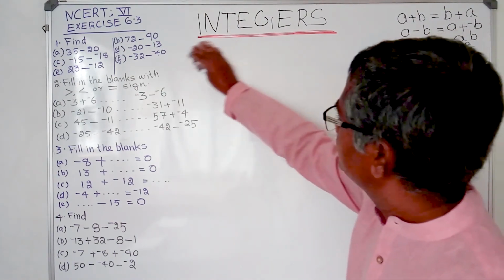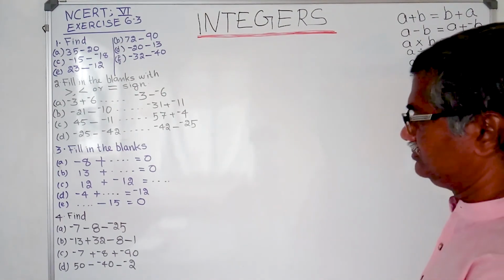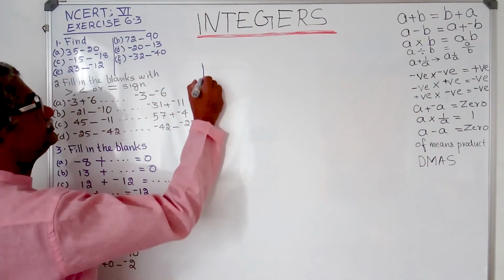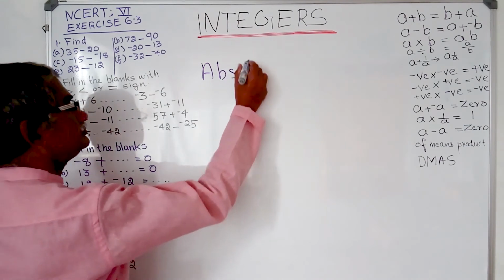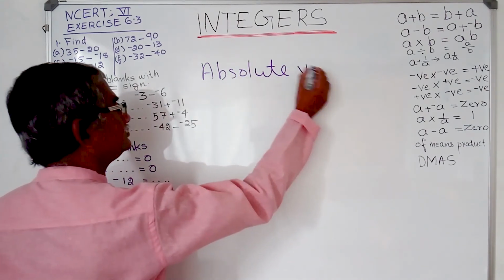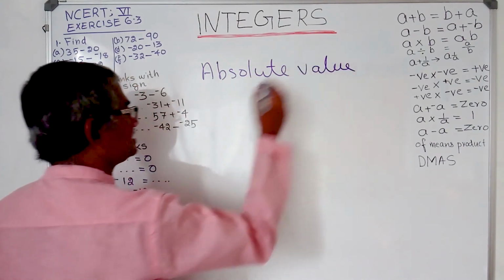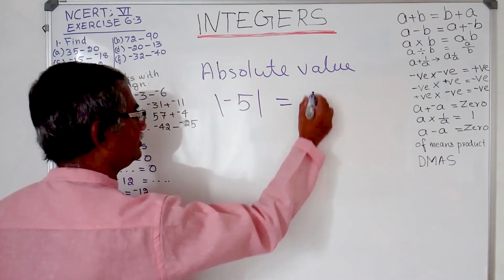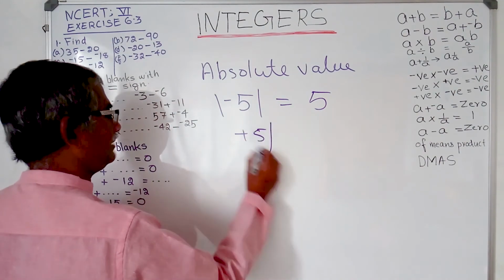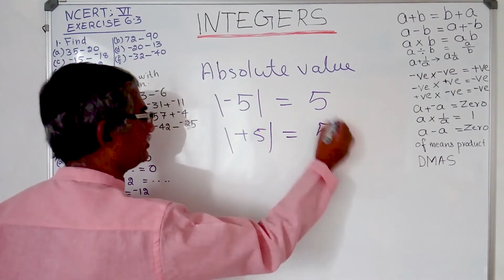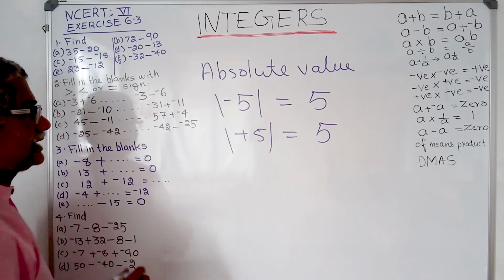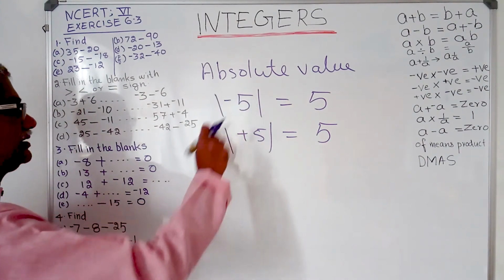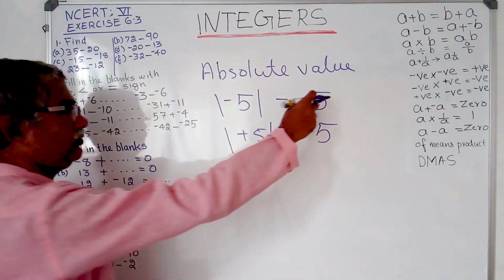Another point, absolute value. Negative 5, its absolute value is equal to 5. Positive 5, absolute value is equal to 5. That means consider the value of an integer without its negative or positive sign. So absolute value is always positive.